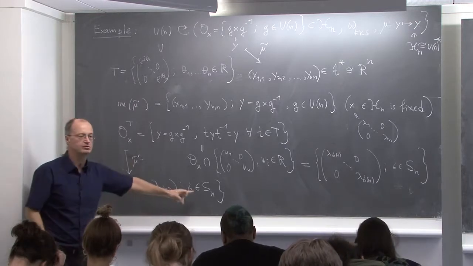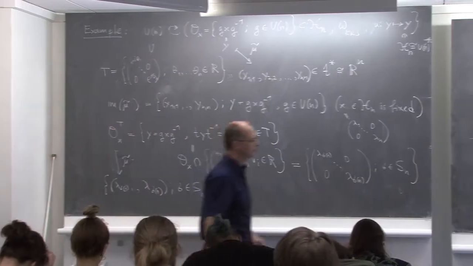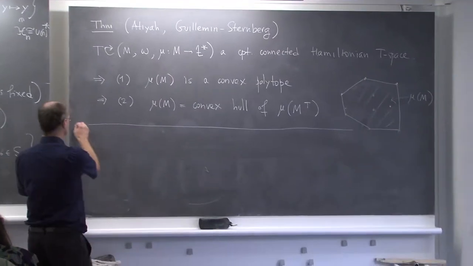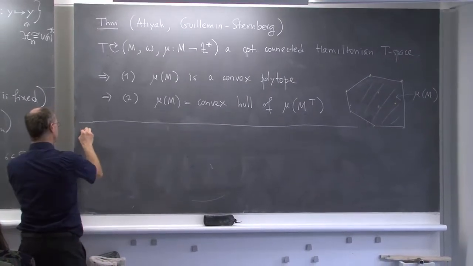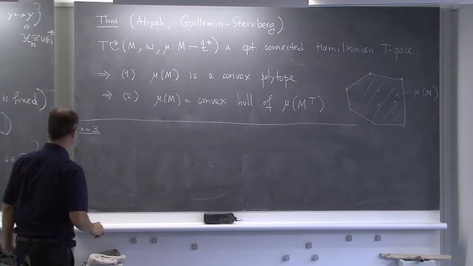And the image of mu tilde is the convex hull of this set. So let me give maybe a couple of somewhat more concrete examples. Let me choose n equal to 3.